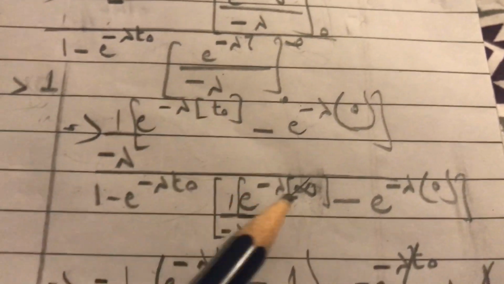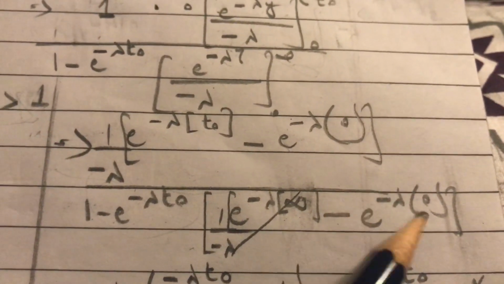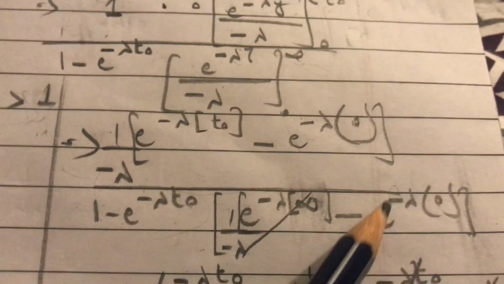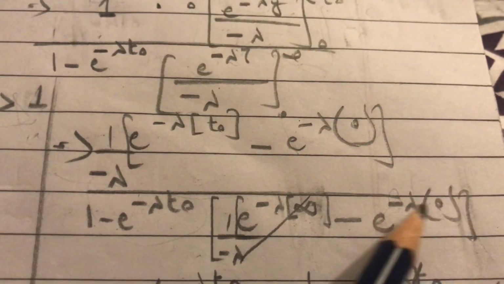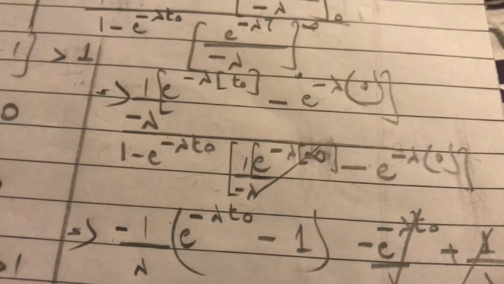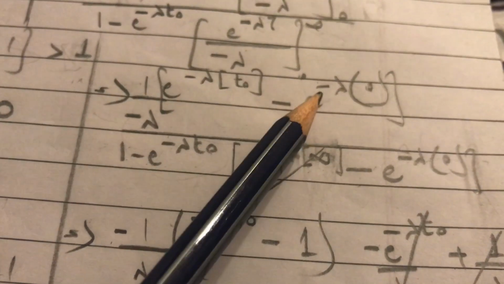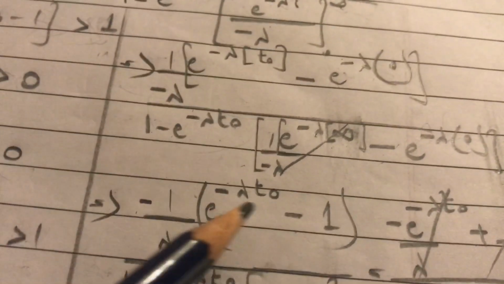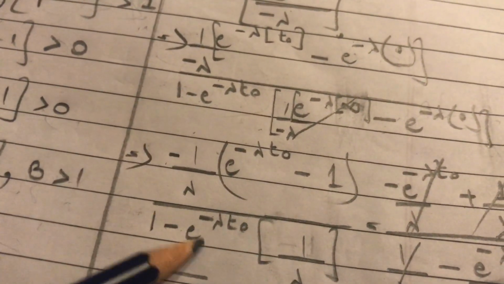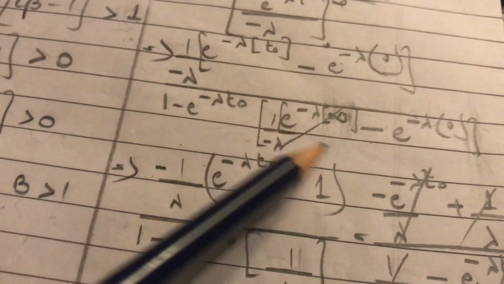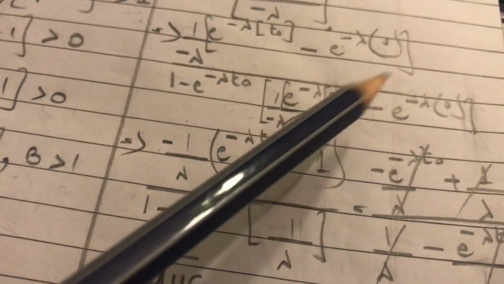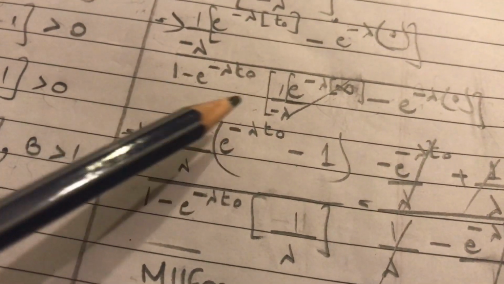So this infinity goes away, it would be 0, and when we multiply lambda by 0 it would be 0, and we know e to the 0 is 1. First we see that this also, e to the 0 is 1, and the rest remains the same. And this remains here, and this goes away as it was infinity, so it would be 0, and e to the 0 is 1 minus 1.